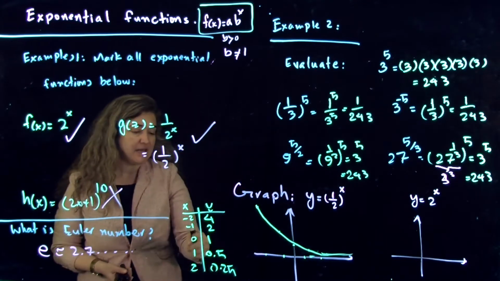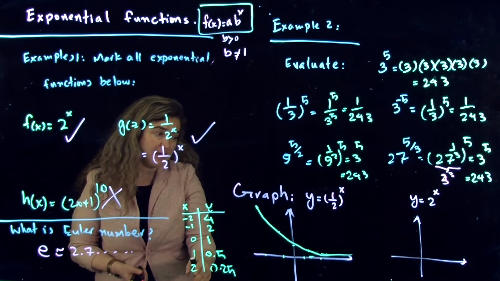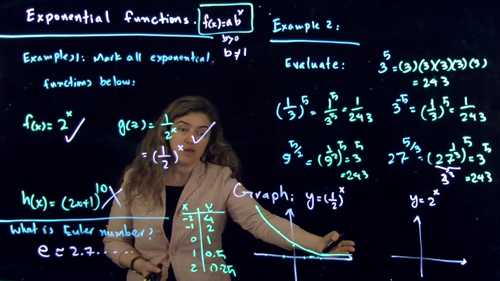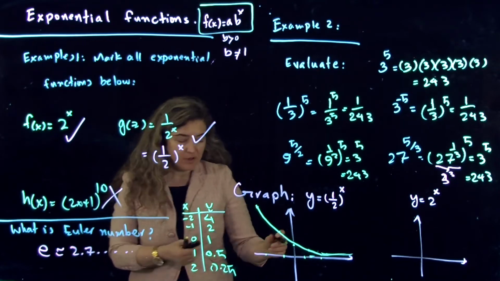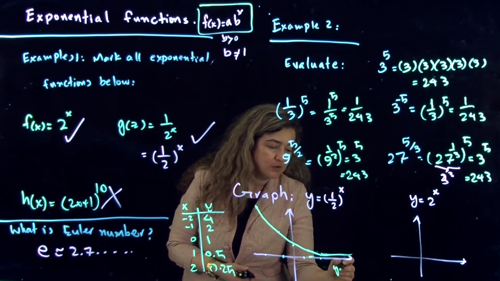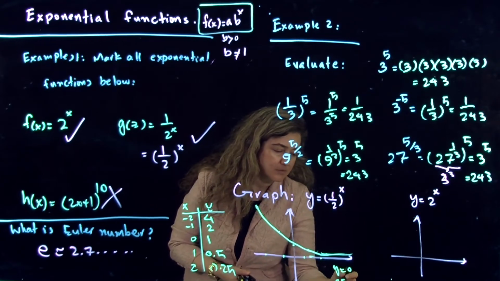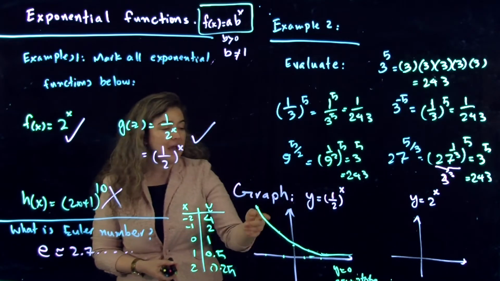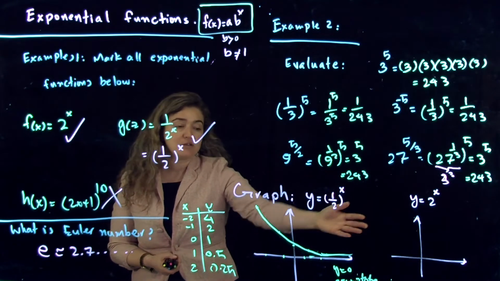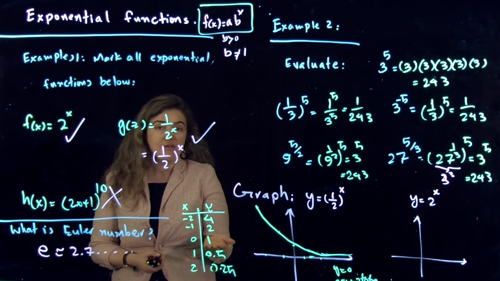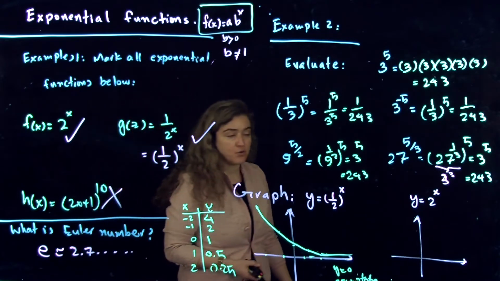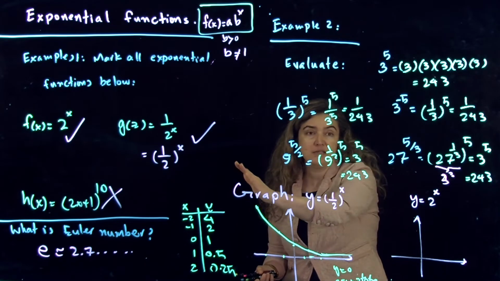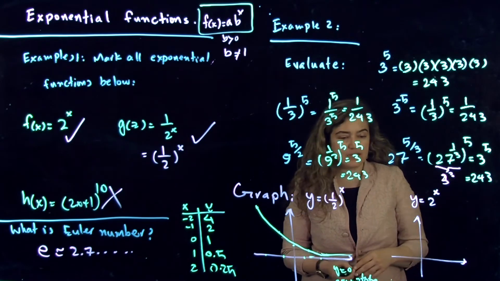What we observe is that as the x value grows, the y value gets smaller and smaller, a positive number, and therefore y equals 0 is an asymptote. But it's an asymptote on the right side, not on the left side. On the left side, it just grows. As we approach negative infinity, the left side grows to positive infinity.